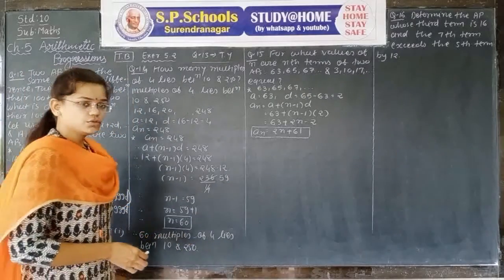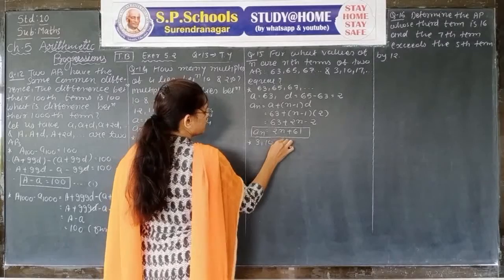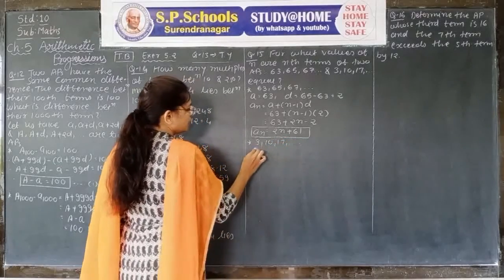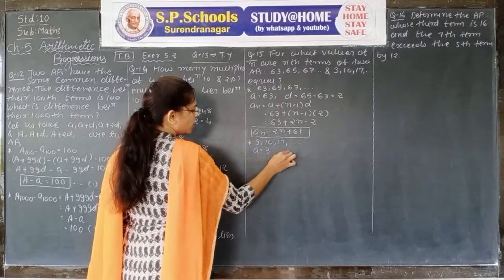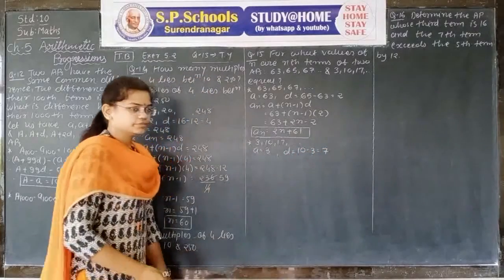In the same way we need to find the nth term in the second AP: 3, 10, 17 up to infinite. A is equal to 3. Common difference D is 10 minus 3, which is equal to 7.